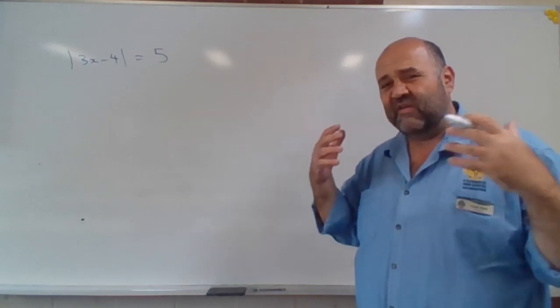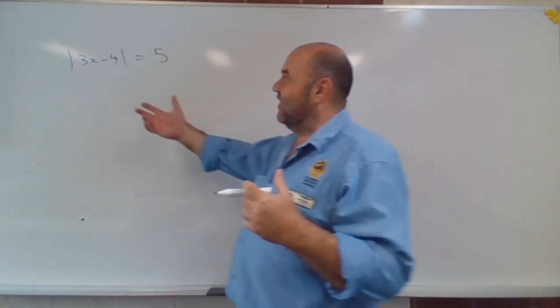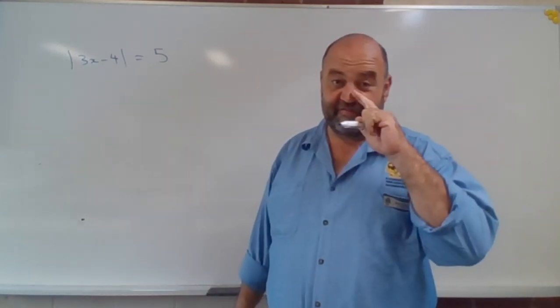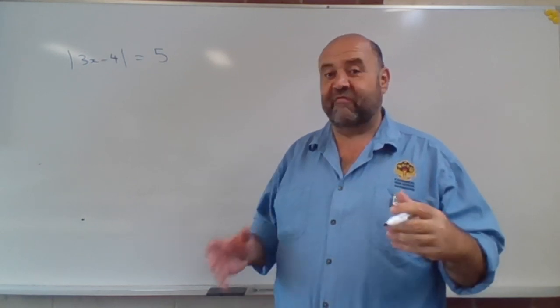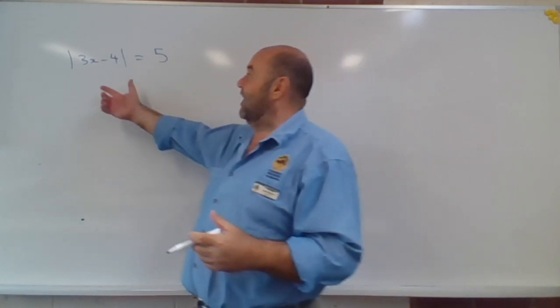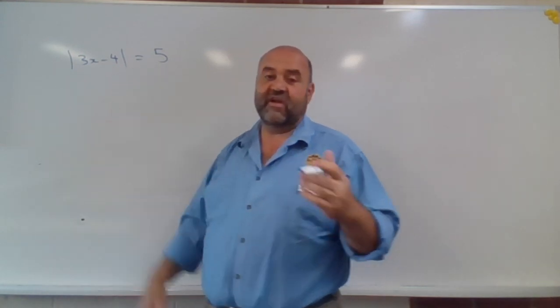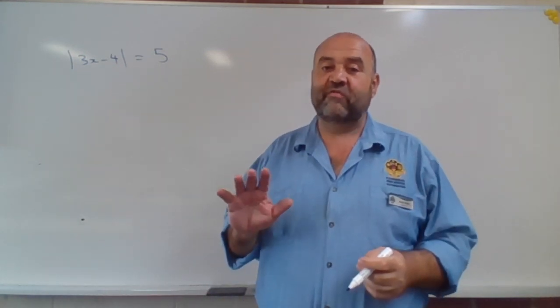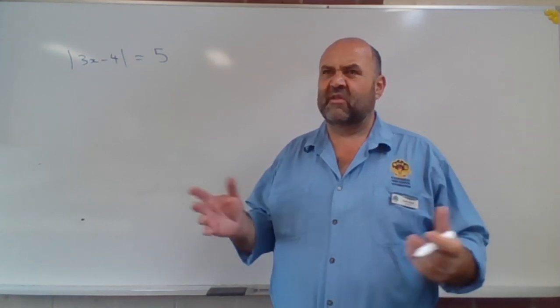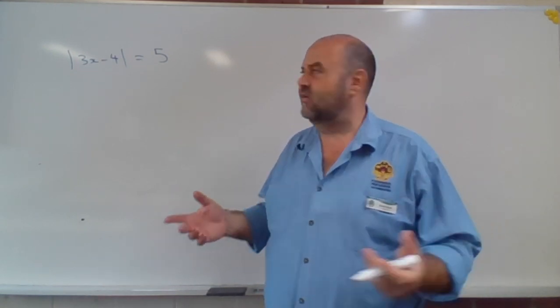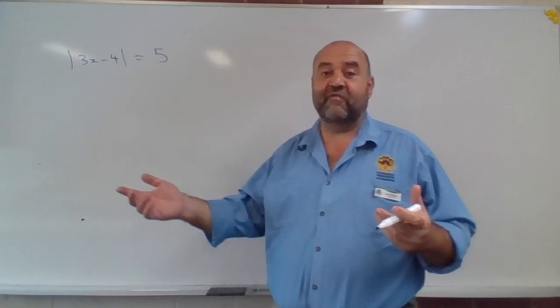We came back to our definition that absolute value is how far a thing is from the origin. So the absolute value of 3x minus 4 equals 5 means that 3x minus 4 is 5 units from the origin. Okay, so what's 5 units from the origin? Well, positive 5 and negative 5.